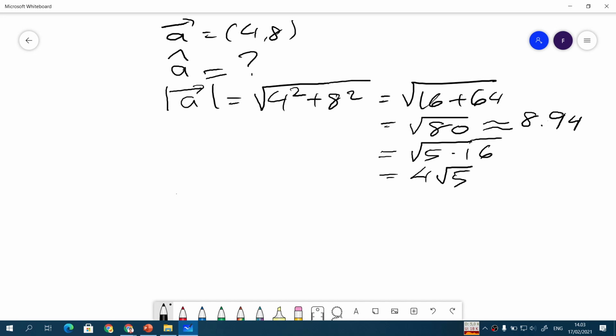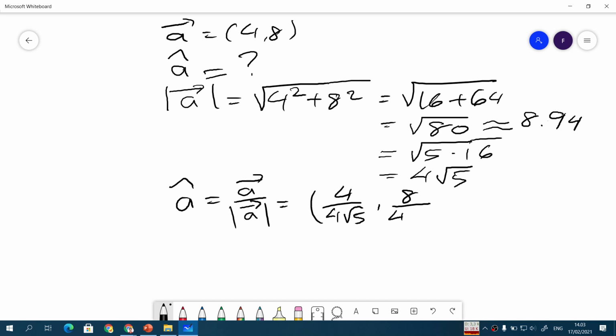So to calculate, sorry, not the magnitude, to calculate the unit vector of A, you can simply divide each component by its length, which means I will divide 4 by 4 square root of 5, then I have 8 over 4 square root of 5.